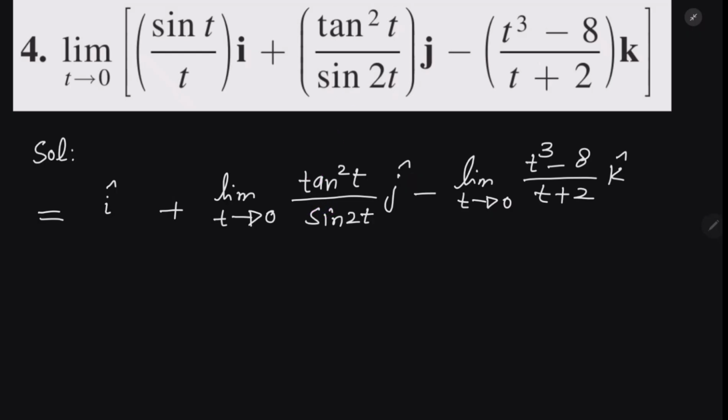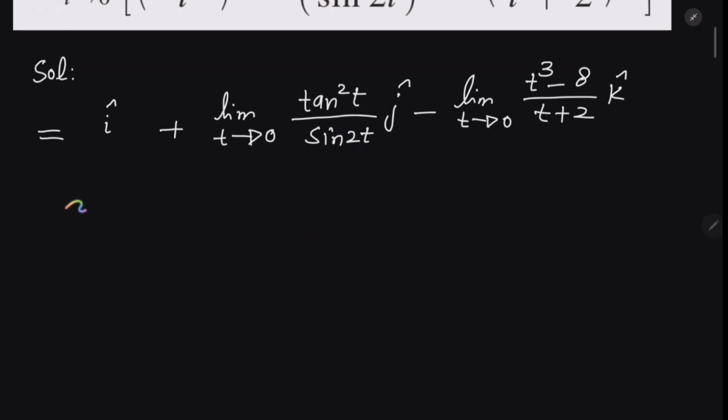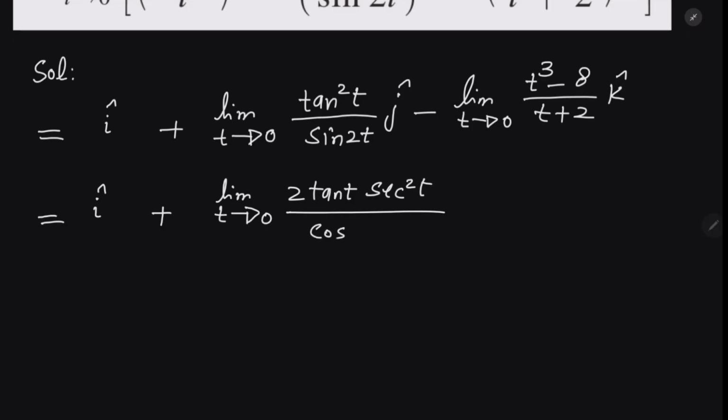When we apply the limit over here, tangent 0 is 0, sine 0 is 0, so we need to use the L'Hopital rule over here. So we get i unit vector plus the limit as t approaches 0 of 2 tangent t secant square t, and then we have cos 2t, and the chain rule gives us 2 as well.